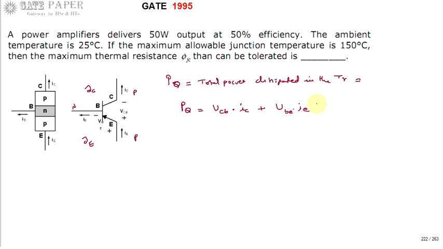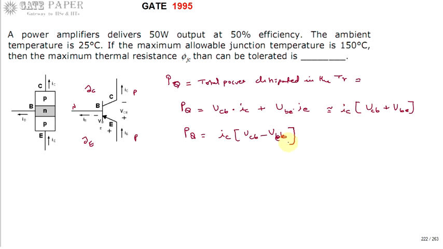We know that the collector current IC and emitter current IE are approximately equal. So taking IC common, you can write it as VCB plus VBE. PQ, the total power dissipated in the transistor, is IC multiplied by VCB minus VEB.